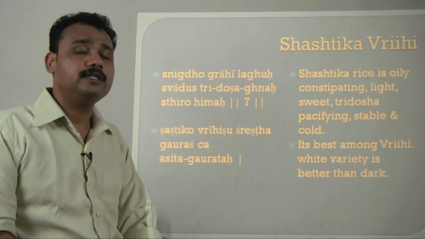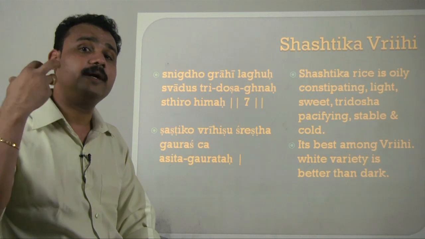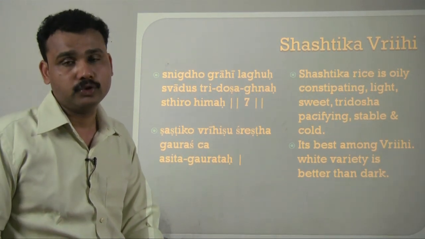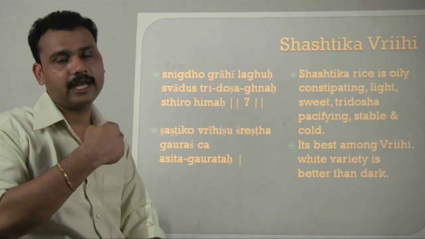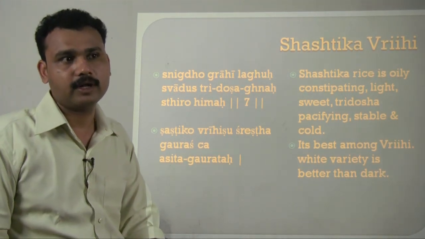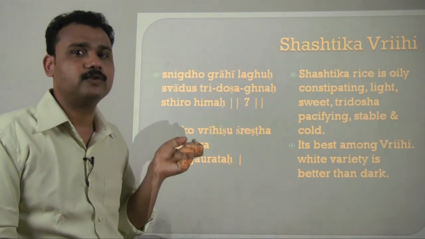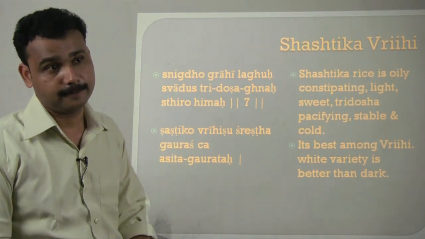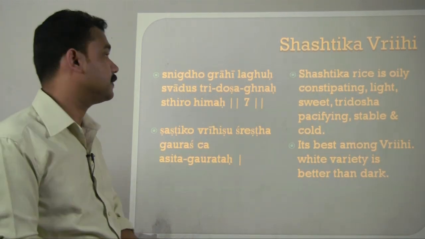But this is the rice species we use to do Shashtika Pindasweda, the rice poultices, which is well known as Shashtika Pindasweda. This is the specific rice variety used for that. And let us see what is the speciality of this species.